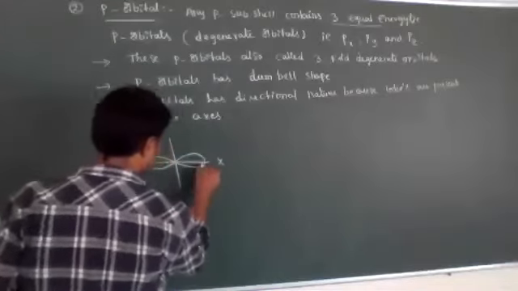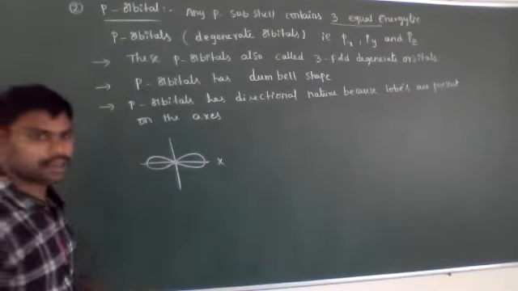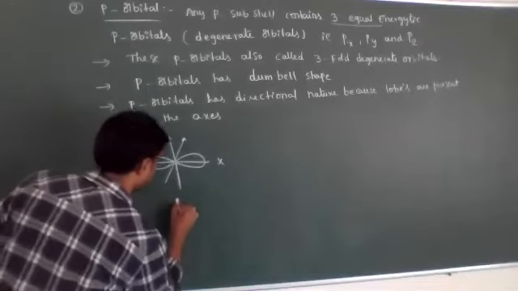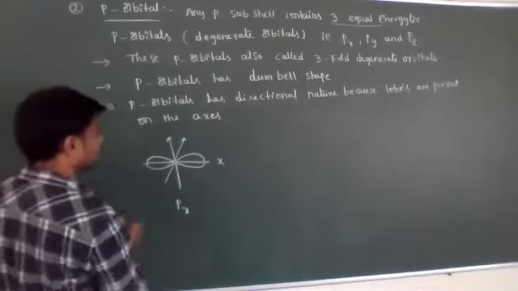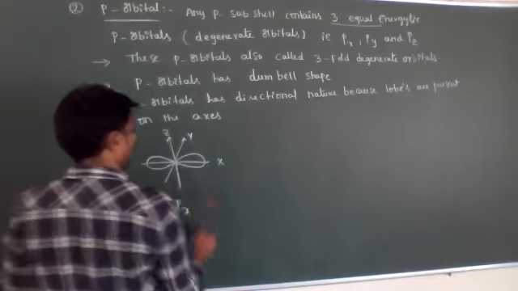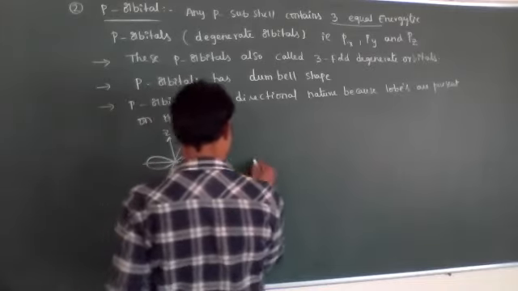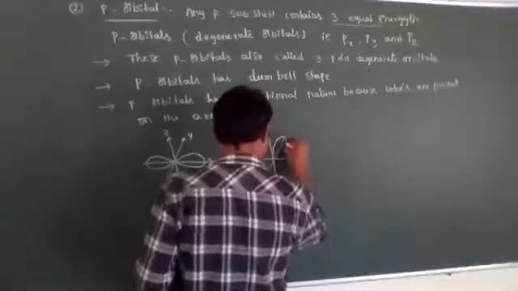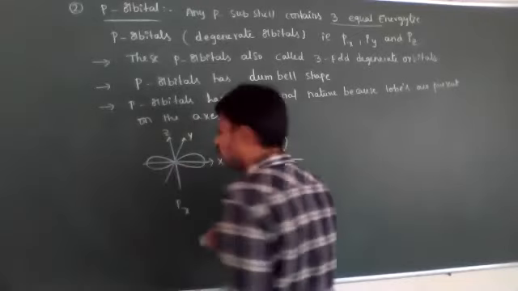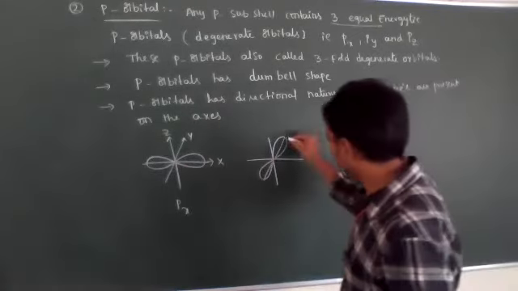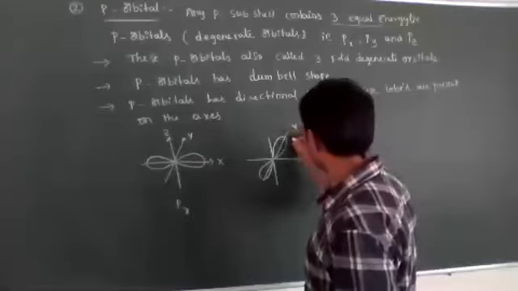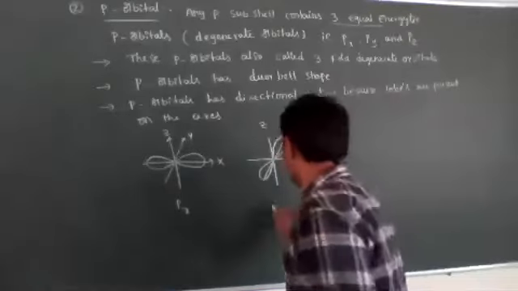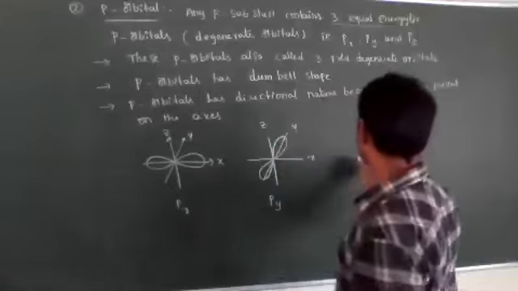Let's see that. This is the x-axis. When the p orbital is present on the x-axis, it is called the px orbital. When the lobes are present on the y-axis, it is called the py orbital.